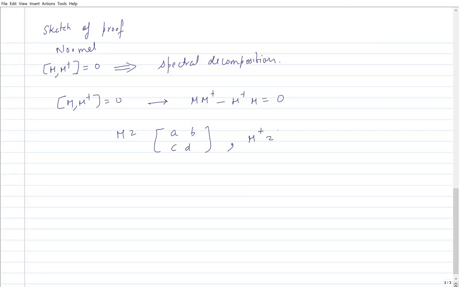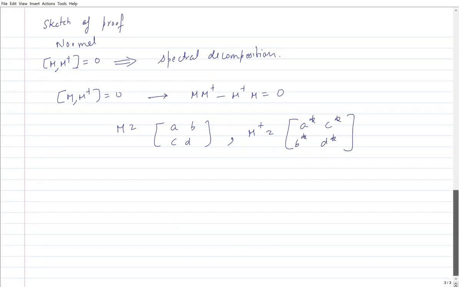Then M dagger is this. So what does M M dagger minus M dagger M equals 0 imply?